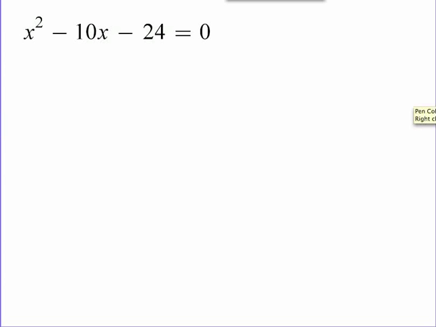x squared minus 10x minus 24. First step, add 24. Get all terms involving x on one side, everything else on the other.